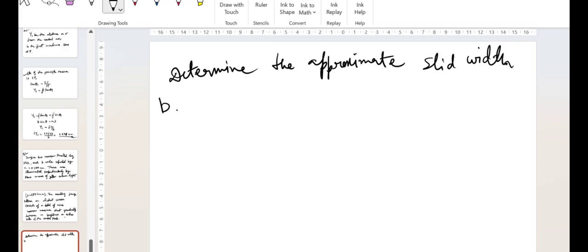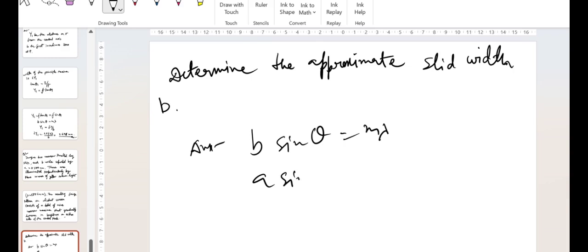See, for single slit diffraction, we know b sine theta is equal to m lambda. And for two slit interference, that is a sine theta is equal to m lambda. So this is m diffraction, this is m interference. So since there are 9 maxima, there must be 4 subsidiary peaks on each side of the central peak.